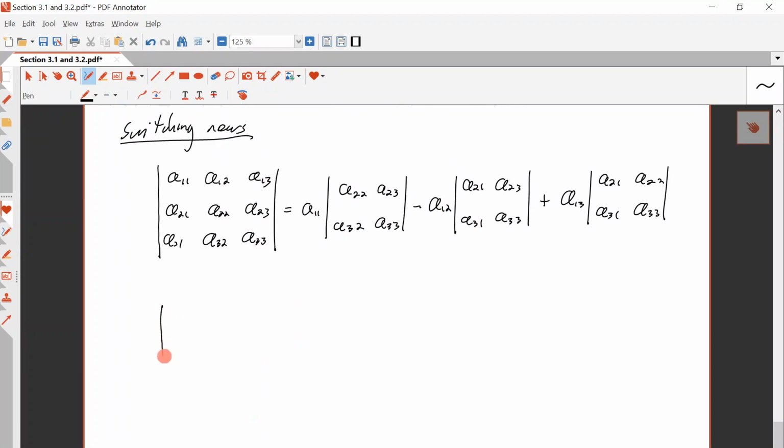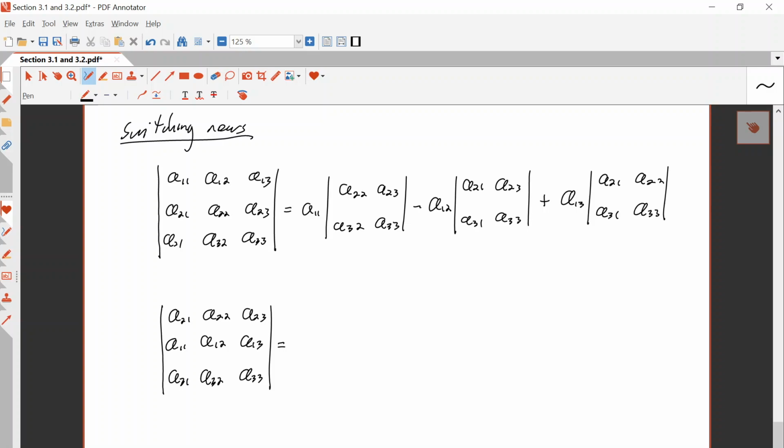So A21, A22, A23, A11, A12, A13, A31, A32, A33.